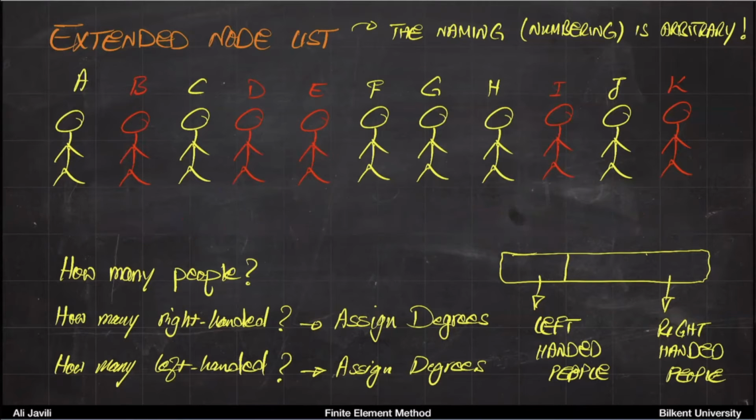So basically, in view of what we do in a finite element code, left-handed people are like Neumann type boundary conditions eventually. And right-handed people are Dirichlet type boundary conditions.